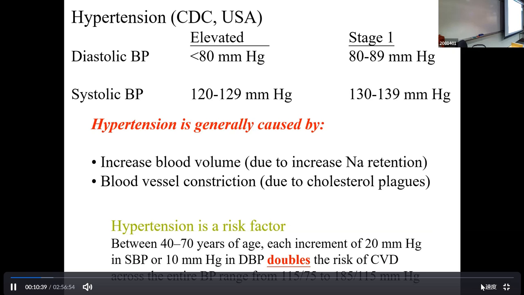When you retain more sodium, as sodium is extracellular, you will draw water into the system, and therefore you will have an increase in blood pressure. The other one would be the constriction of the blood vessels, which creates an increase in blood pressure, maybe due to cholesterol deposits. Hypertension is a risk factor, and it's listed here, so I'm not going to go into detail.